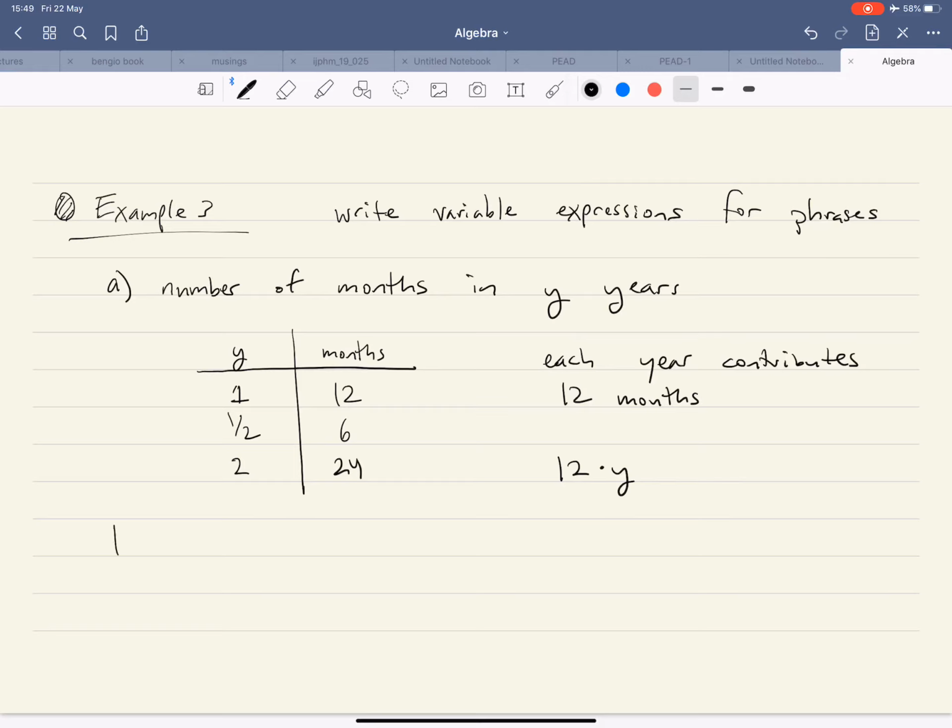Okay. Let's do the next phrase. The total value in cents of D dimes and Q quarters.